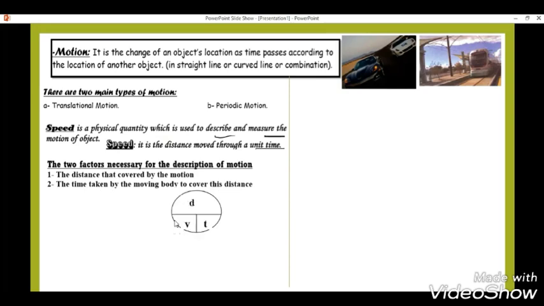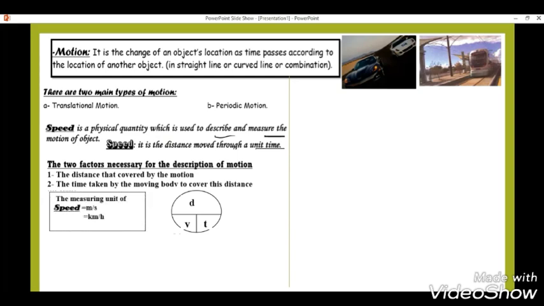So the speed, V, simply equals D, the first letter for distance, divided by T, the time.